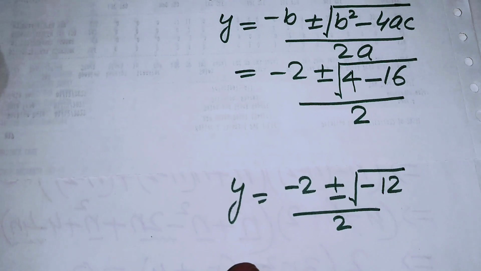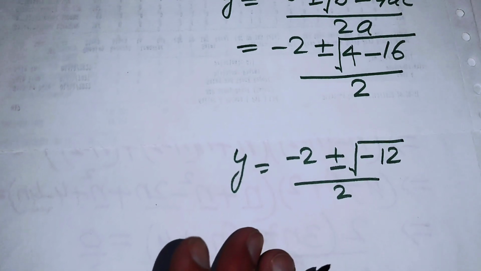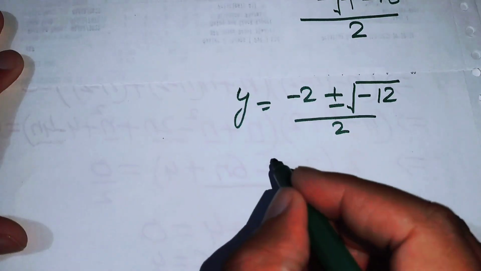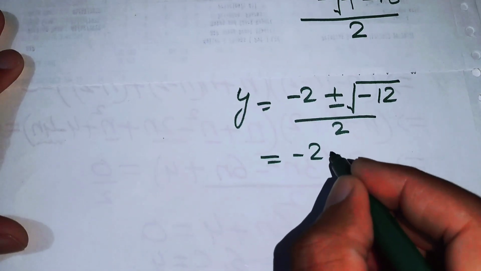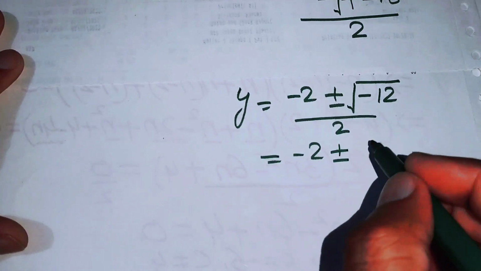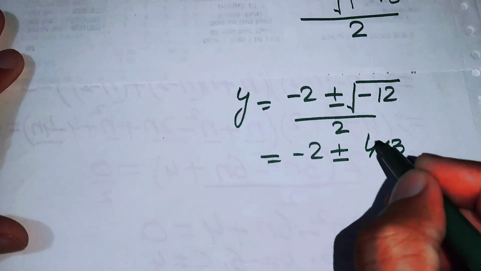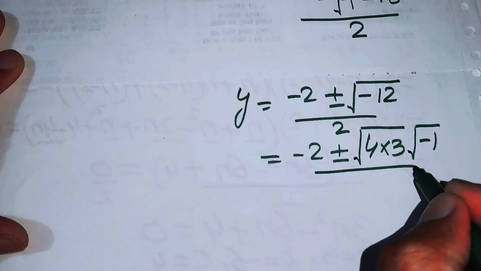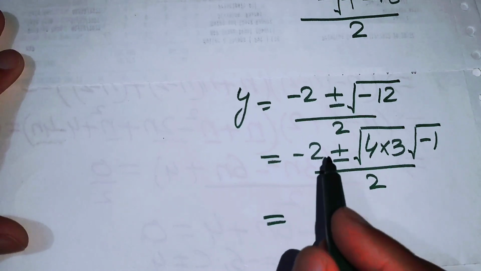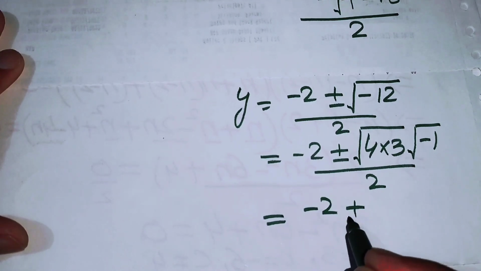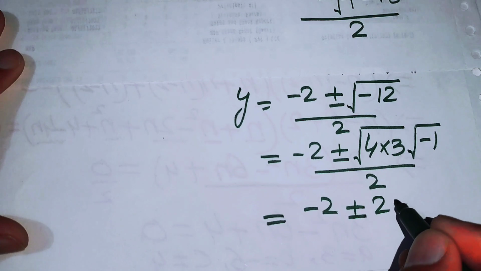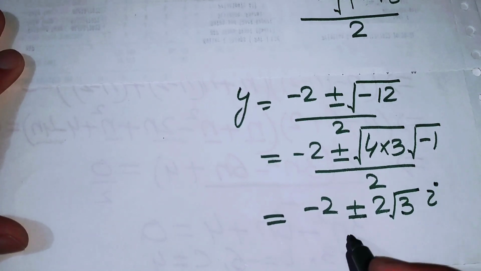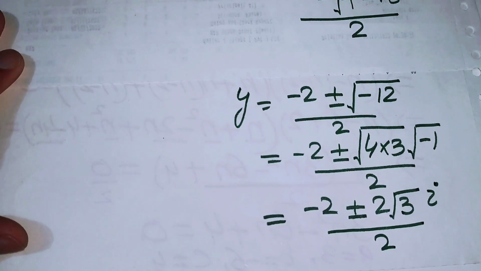And now we can write this minus 12 as minus 4 times 3, so that you will get minus 2 plus minus square root of 4 times 3 into square root of minus 1 over 2. And here you see that square root of 4 is equal to 2, into square root of 3, and square root of minus 1 is equal to iota, over 2.